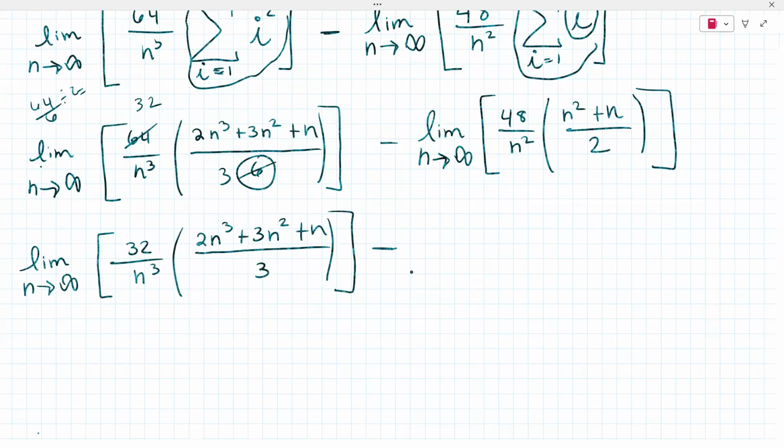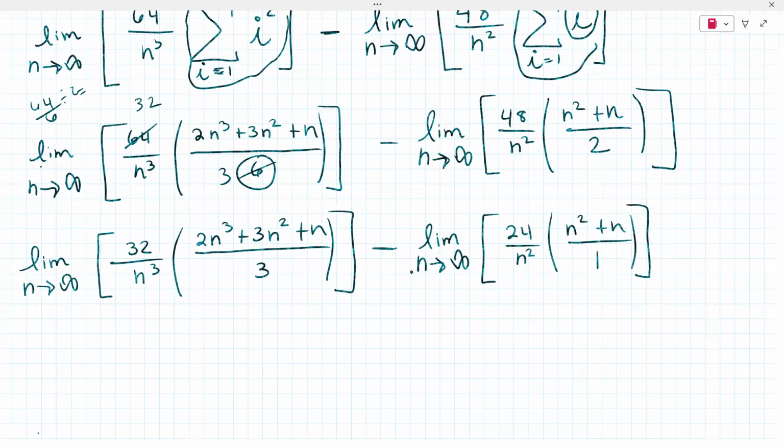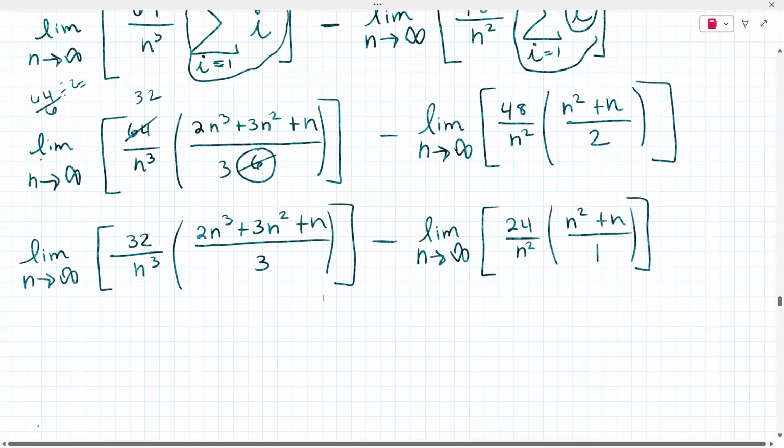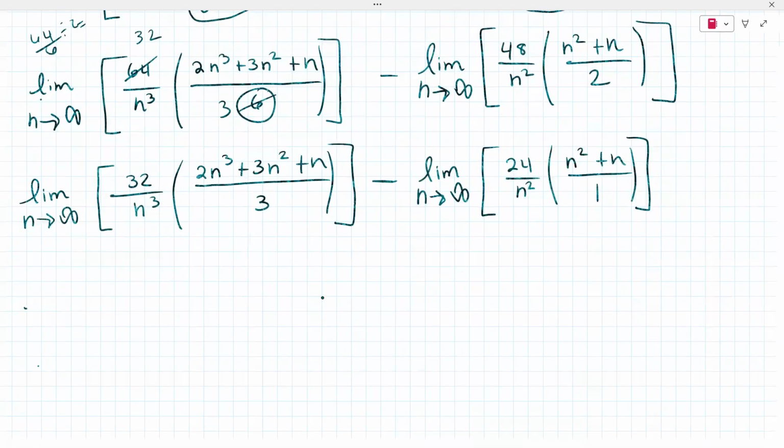Minus the limit as n approaches infinity. And then the same thing with 48 over 2. Does that come out nicely? Yes, it's just 24. So it's going to be 24 over n squared times n squared plus n over 1. So it's going to be the limit as n approaches infinity.